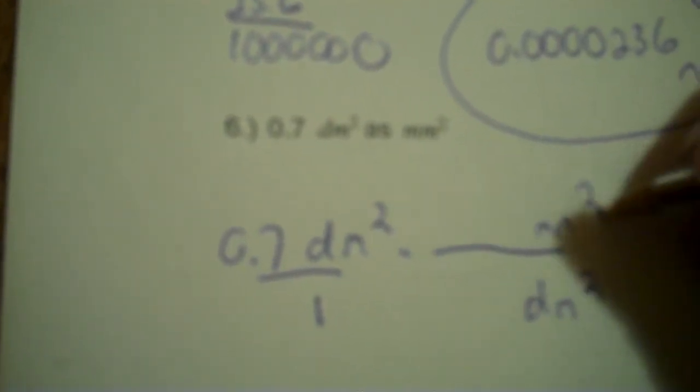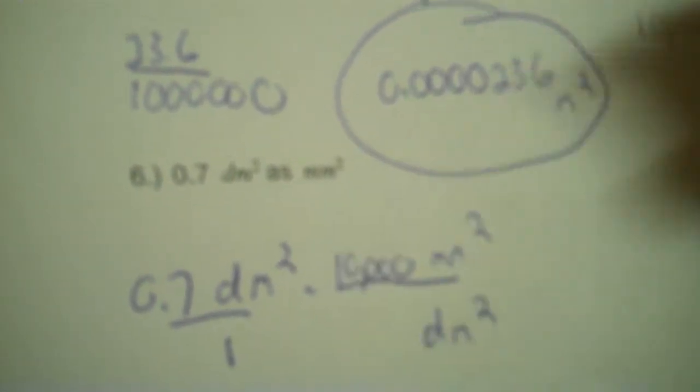Okay, 0.7 square decimeters as square millimeters. So 0.7 dm to the second over 1. So that's on top, it goes on bottom, and I need mm to the second. Okay, mm and dm right there. 10,000 mm to the second equals 1 dm to the second.